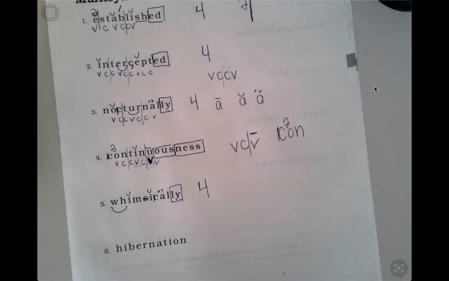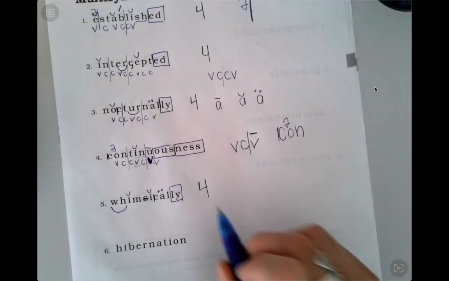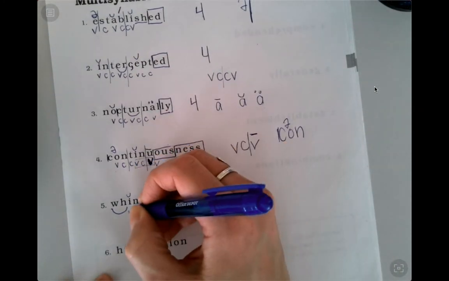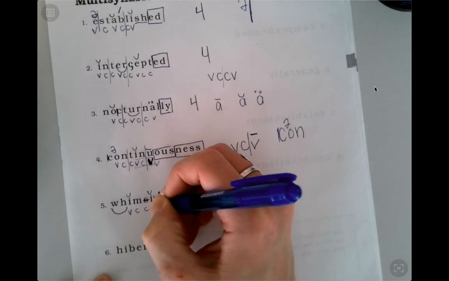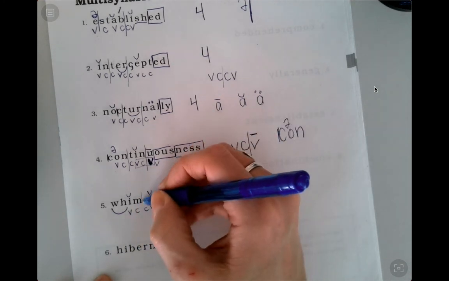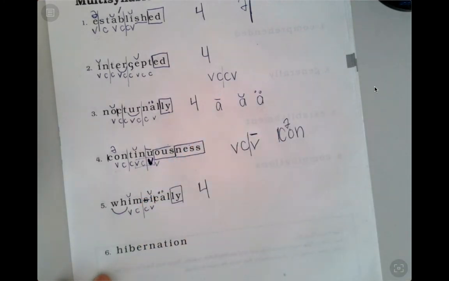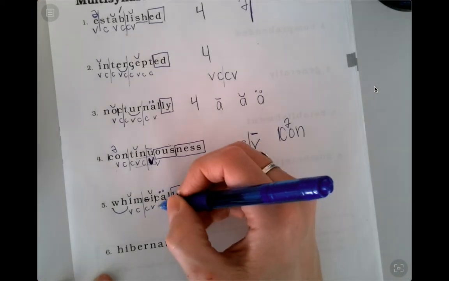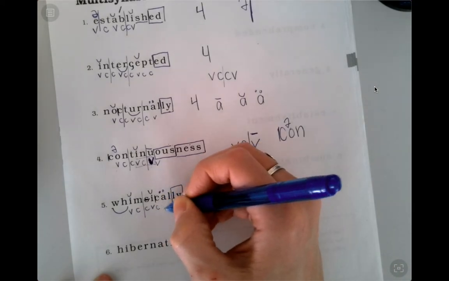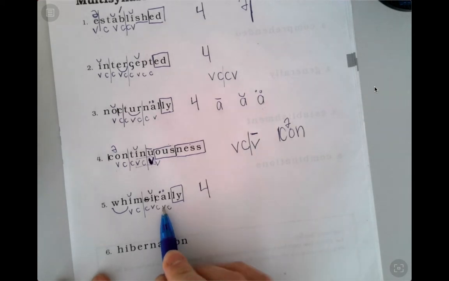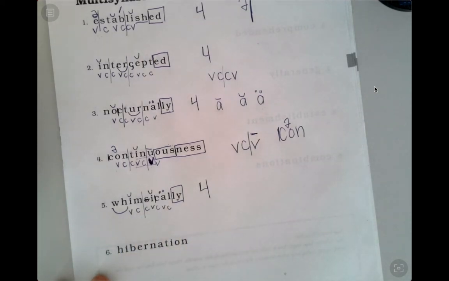Whimsically. Okay, now let's separate it because we have 4 syllables. Vowel, consonant, consonant, vowel. Between the consonants. And we have consonant, vowel, and then a consonant. So this is where it gets a little confusing right here. Whimsically. All right, so who thinks they know where it separates?